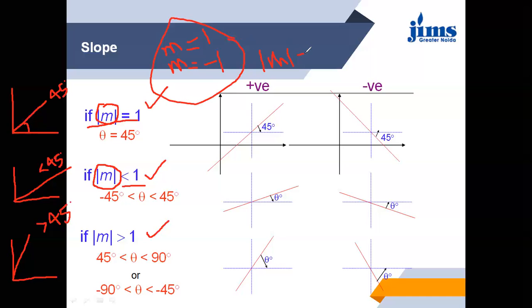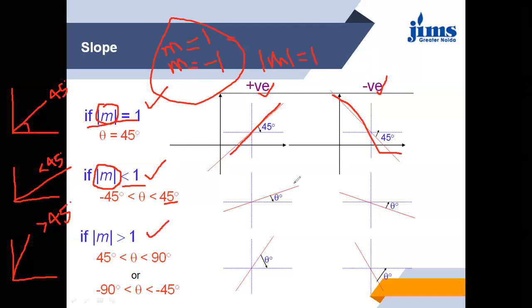It means when the slope of this line is positive and this one is a negative slope. So this is about the mode, meaning the angle can be +1 or -1.